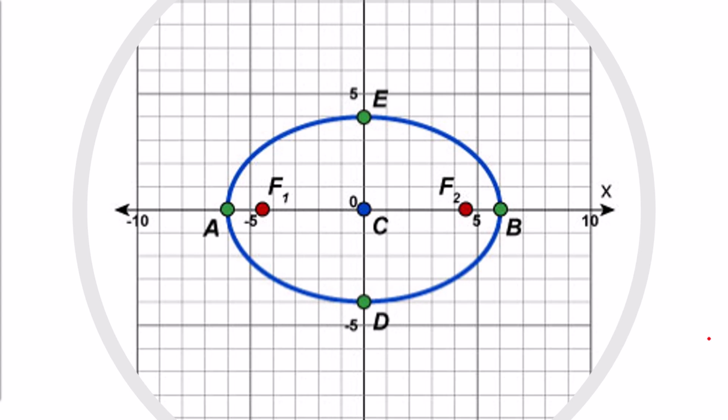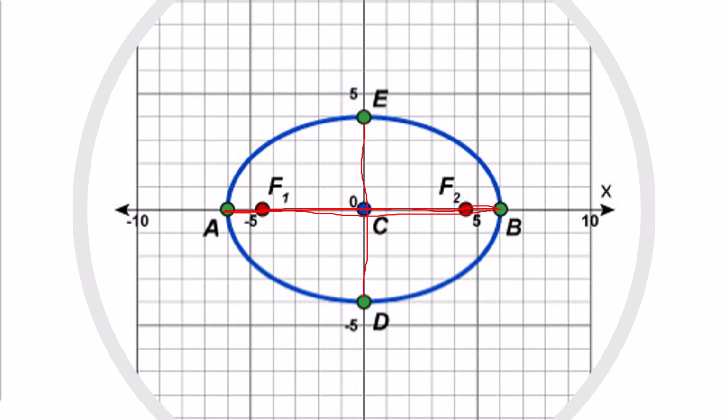Now, the major axis is going to be the longer axis. So if you look here, the major axis is parallel, or in this case, exactly on the x-axis. The minor axis is going from E to D. It's going to be the shorter distance.